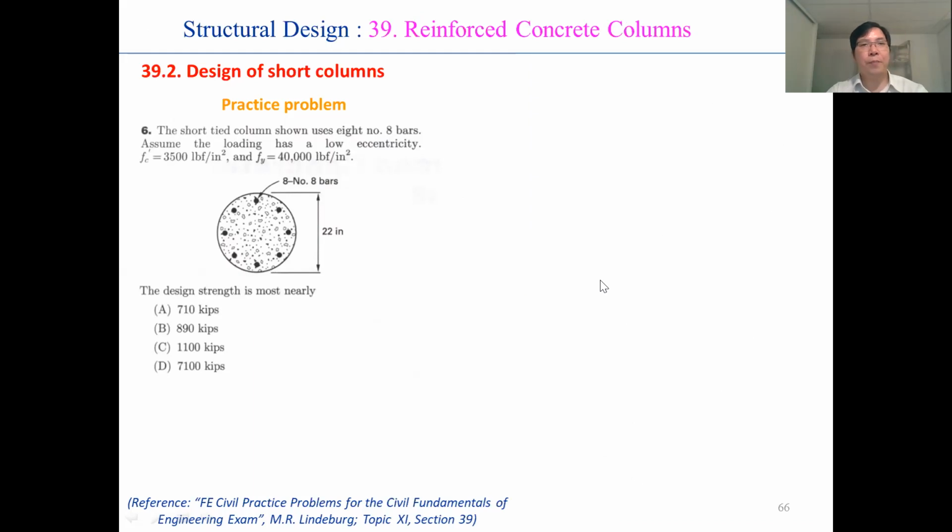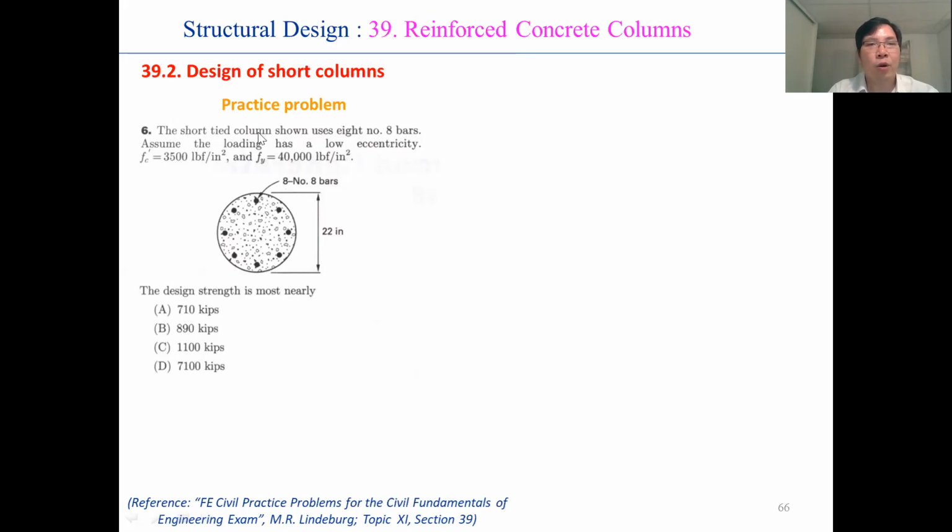Now we can pass to another practice problem. In this problem, they give you the number of the bar.